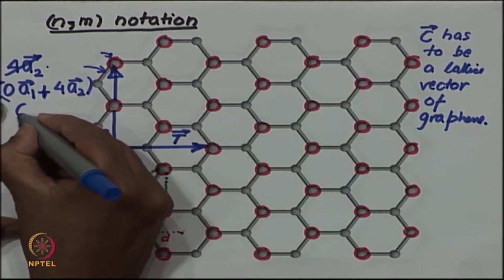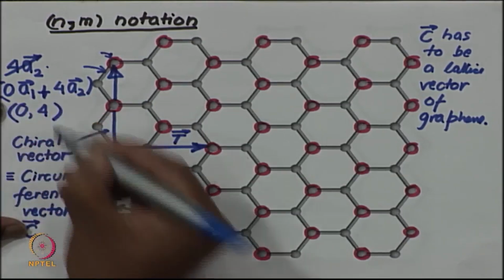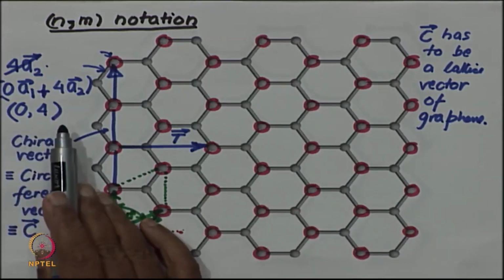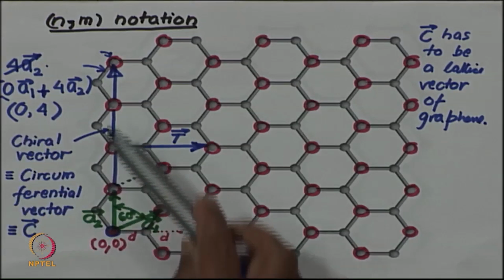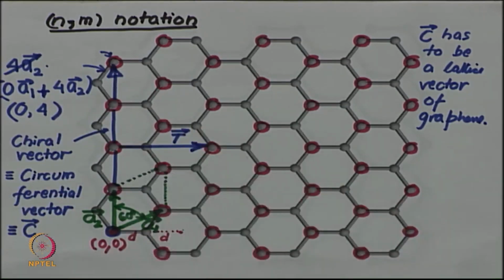So, I can call this a 0 4, and the nanotube which will form will be given the designation a 0 4 nanotube, which means 0 4 is the lattice vector of the graphene sheet which will become the circumference of the nanotube.